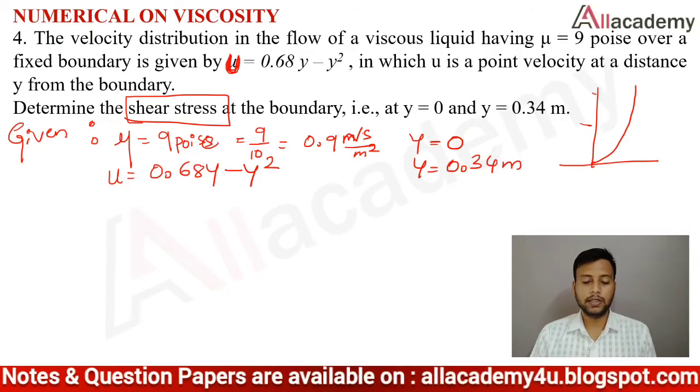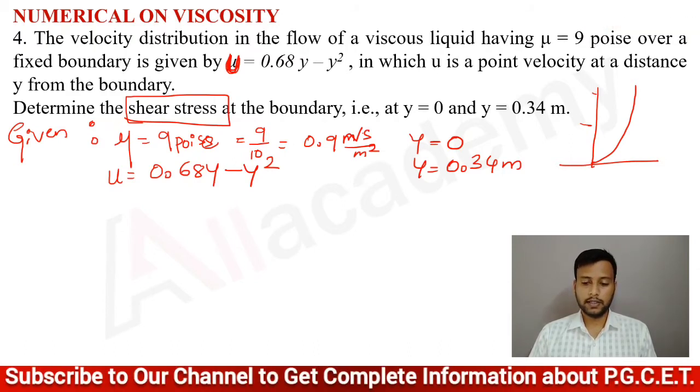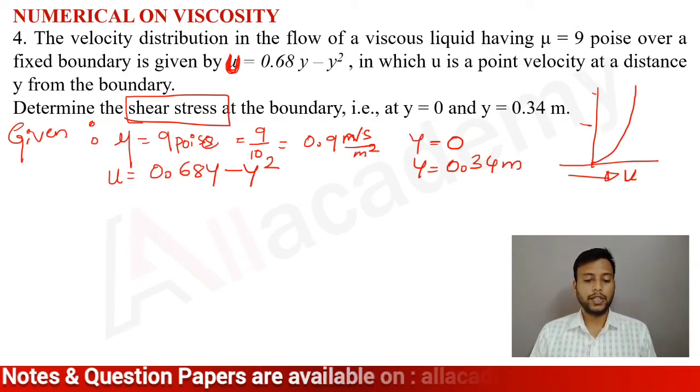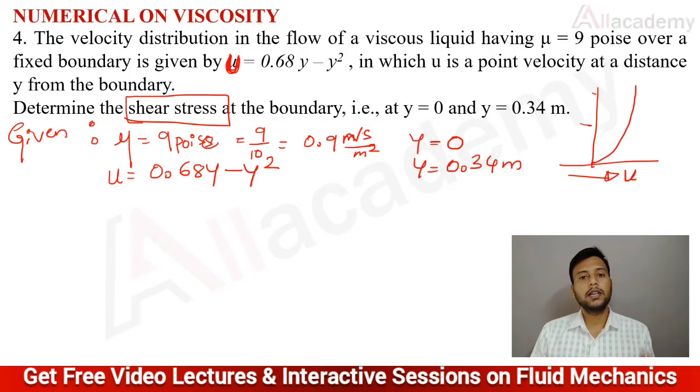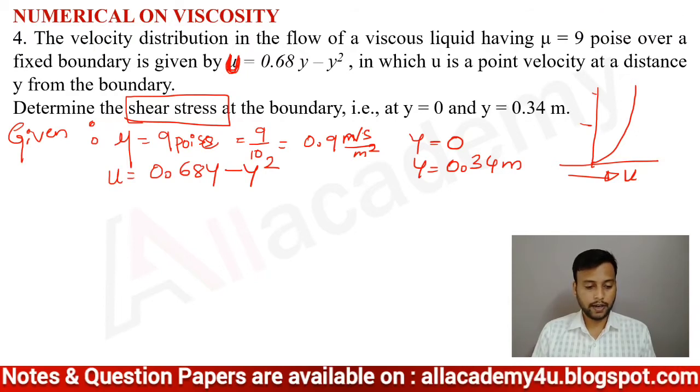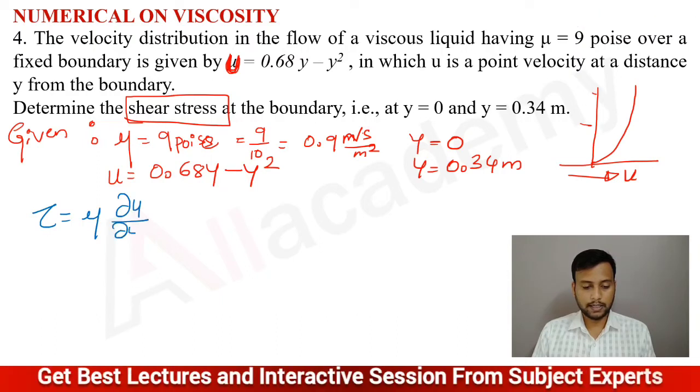Shear stress tau is equal to mu into du by dy.